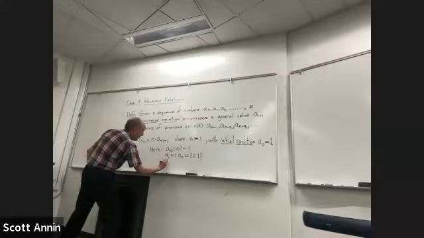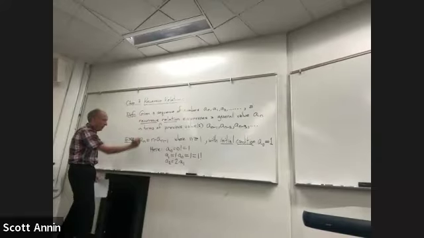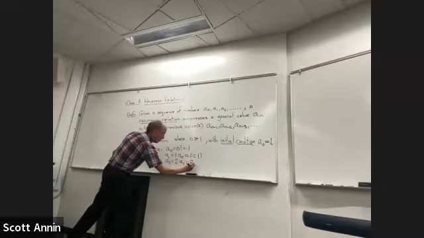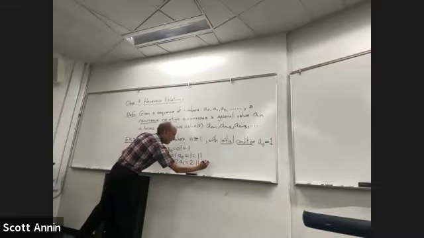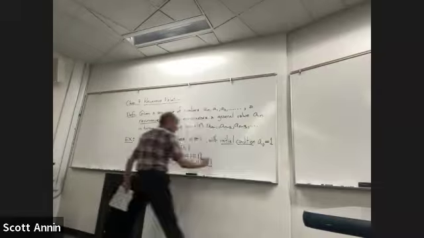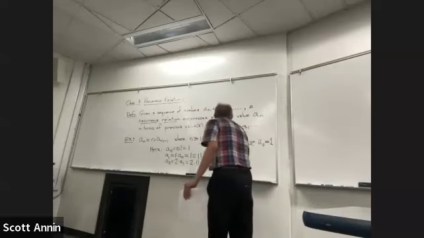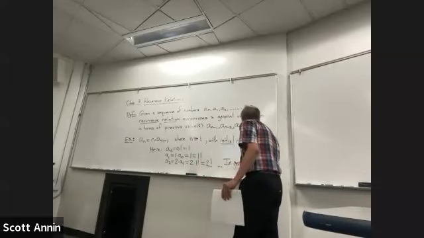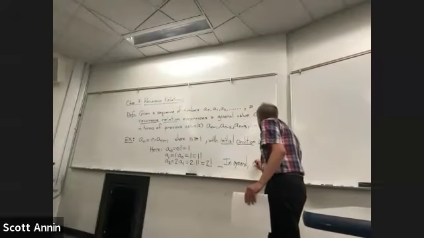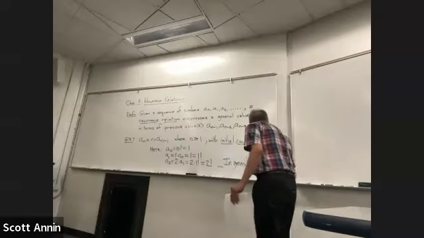And then A sub 2 would be 2 times A sub 1, according to my formula here, and that would be 2 times 1 factorial, which is better known as 2 factorial, and so on, right? So in general, A sub n is equal to n factorial for that particular one.